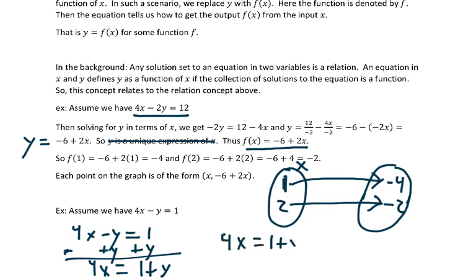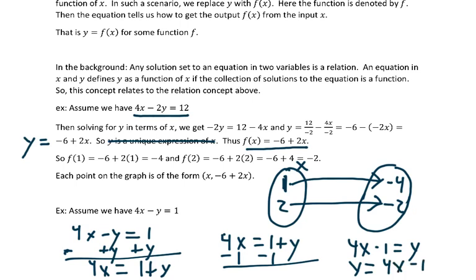Subtracting 1, we get 4x minus 1 equals y. So we have y is 4x minus 1. Well, that's a non-vertical line. So this does give us a function. y is a function of x.